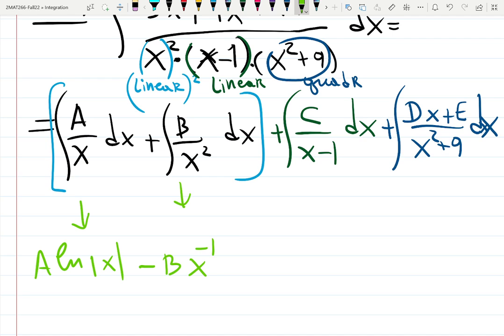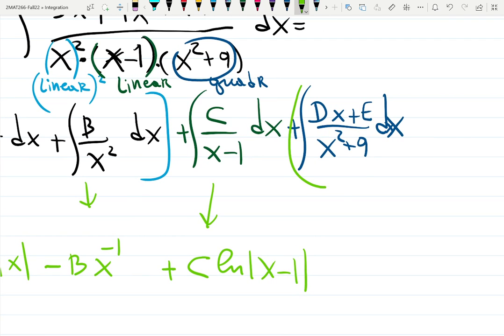So we know that. How about C over x minus 1? What is that? C, let me put here. C, natural log of x minus 1 divided by 1. Exactly, good job. And the last one, you had it in your homework, 5.5, U substitution.